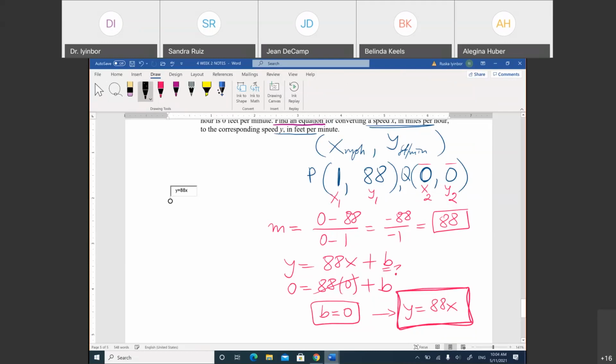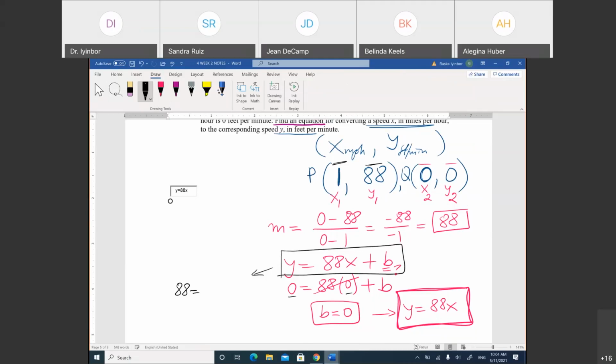Nope. No? Okay. Now let me show you if I decide to use the other point, 1 and 88, you're going to get the same b. So let's say if I decide to use not 0, 0, I decide to use 1 and 88. So I'm going to have 88 equals, I'm plugging it in here, right?